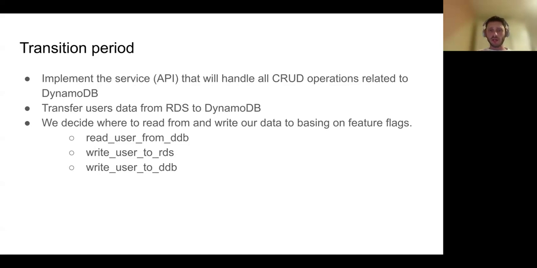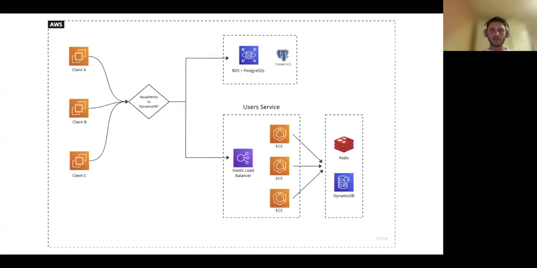We saw how it works in production, and once we saw that everything works fine, when we don't have any requests from the customers, we don't have any bugs opening, we closed write user to RDS. So the channel, let's go back for a second if I can. Yeah, this path was closed.